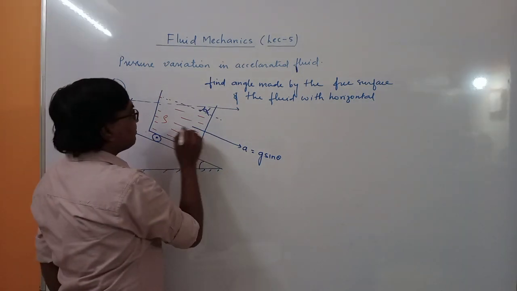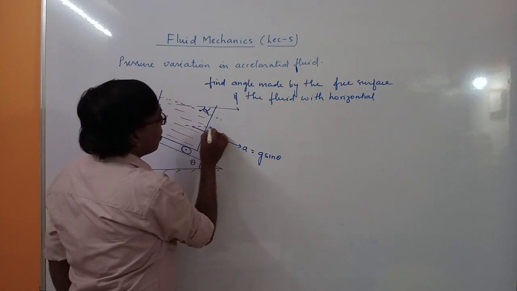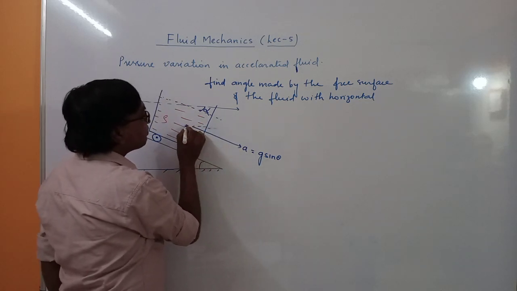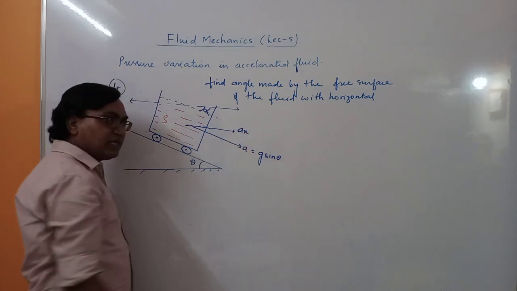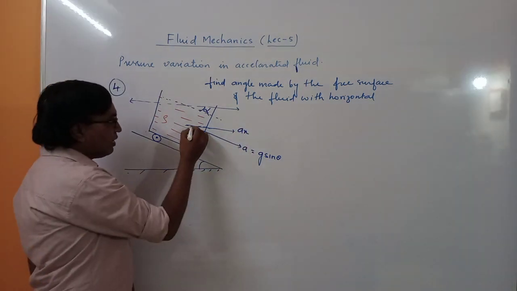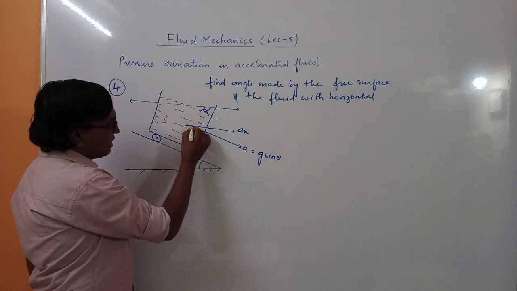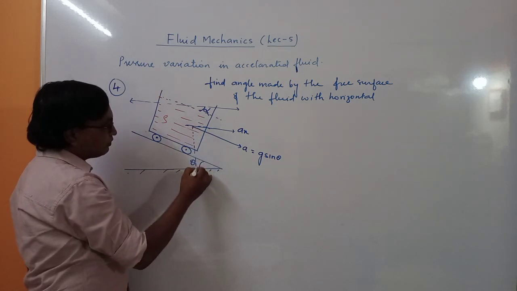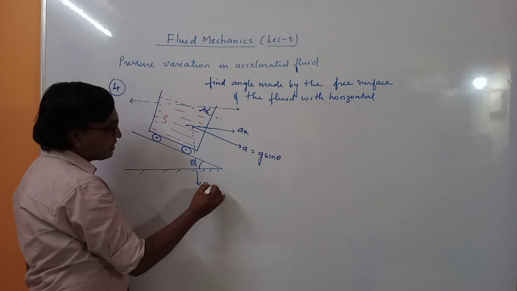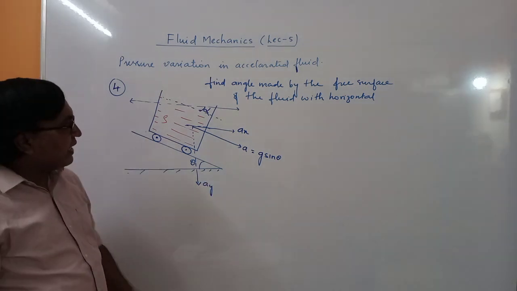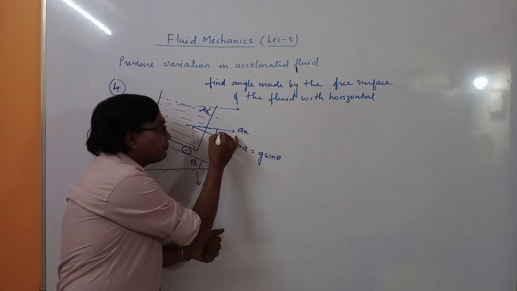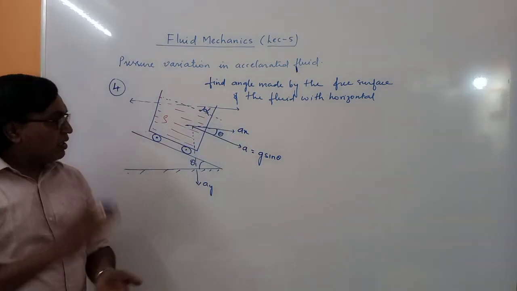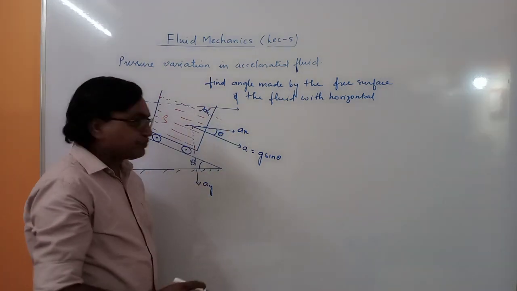Okay, so then this is horizontal direction. So let us say acceleration along horizontal direction is ax, and acceleration along vertical direction, this is vertical direction, and that is ay. Fine. So now if this is an angle theta, this will be angle theta. How much is ax?